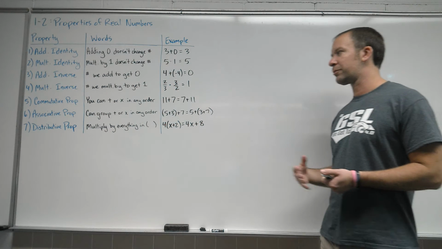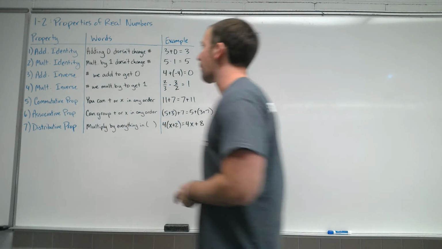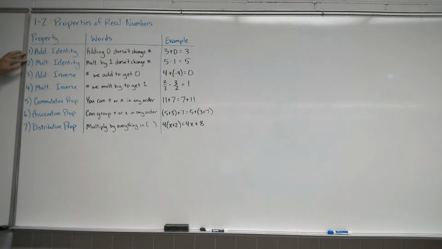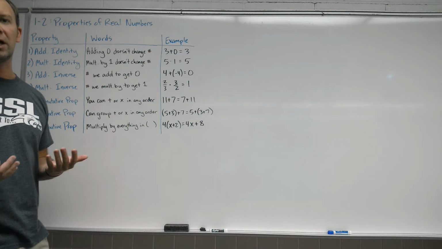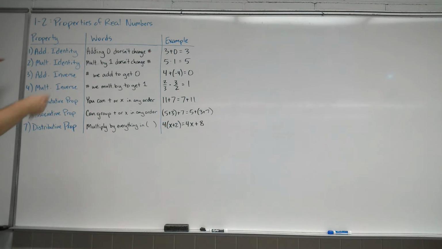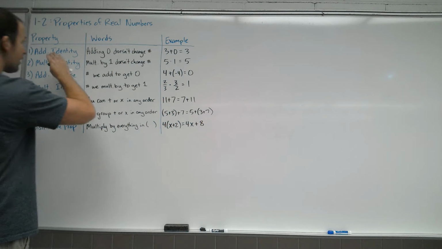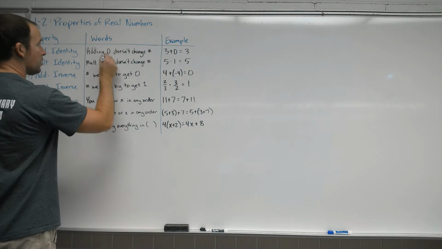So I just want to talk through them real quick so that we can get into the different things that are actually in the lesson. The first two are what are known as identities, the additive identity and the multiplicative identity. An identity is something that never changes, or something that just stays the same. So the additive identity says adding 0 doesn't change my number. The additive identity is the number 0.